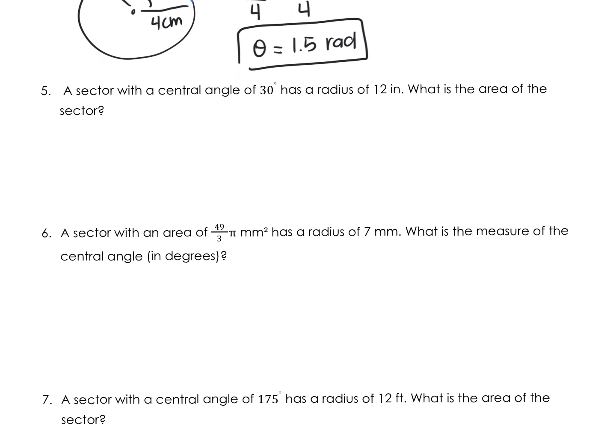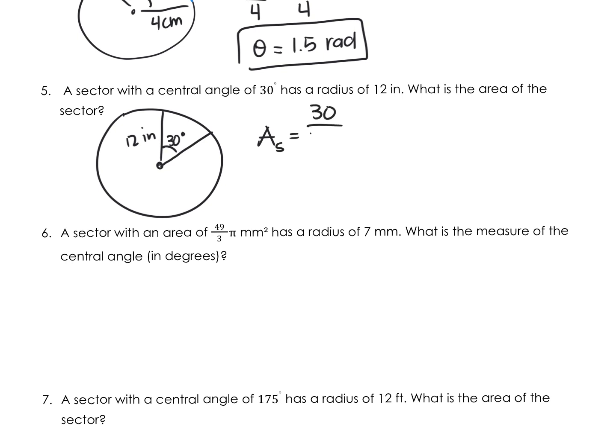All right, now let's look at some area of a sector. We have a sector with a central angle of 30 degrees and a radius of 12 inches, and we want to know its area. I'm going to do 30 over 360 times pi times my radius, 12 squared.